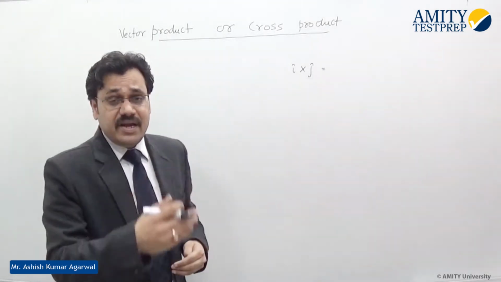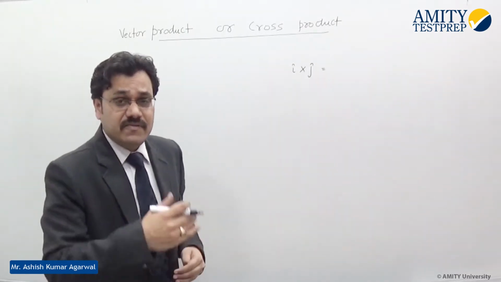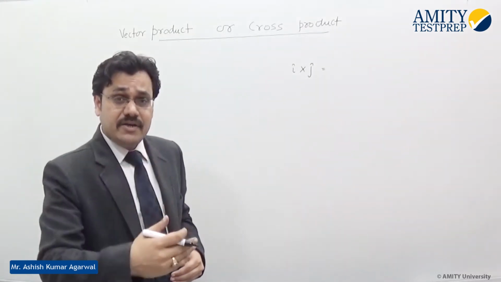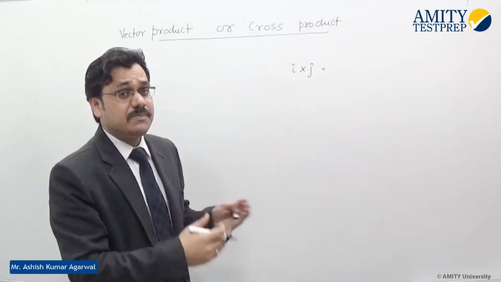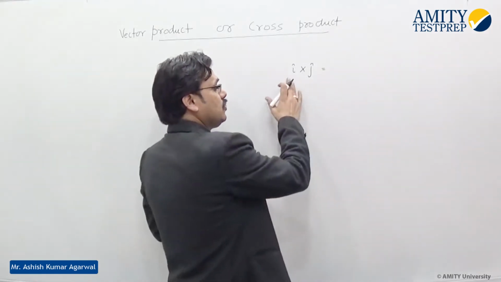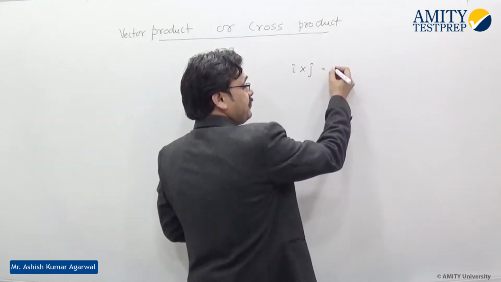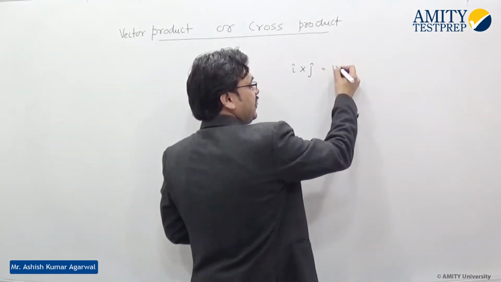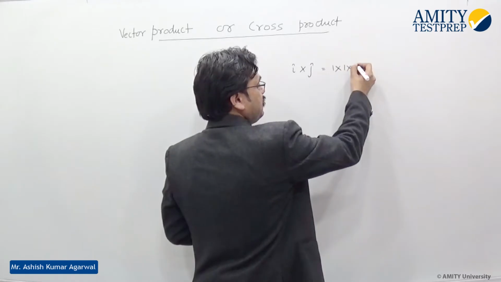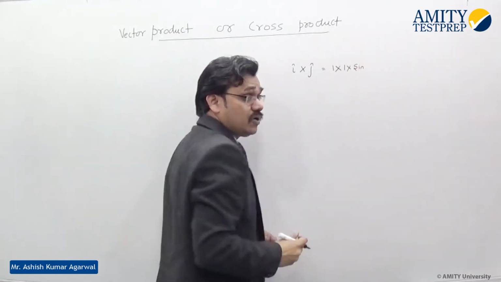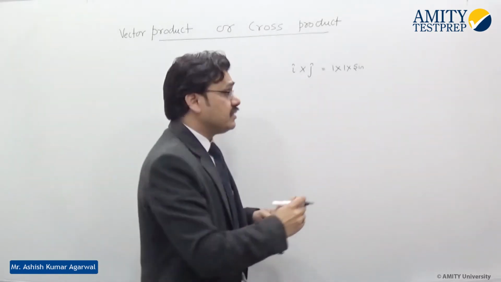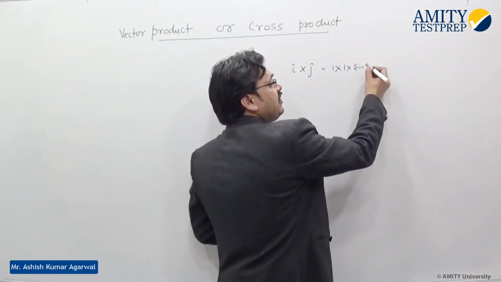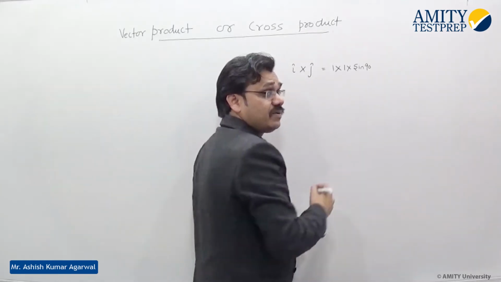You know the formula, A vector cross B vector will give you magnitude of A, magnitude of B, into sine theta, into n cap, which is perpendicular to these two vectors. The magnitude of i cap is 1, the magnitude of j cap is 1, and into sine of the angle. What is the angle between the x-axis and y-axis? Clearly it is 90. So when you place 90 here, you get 1.